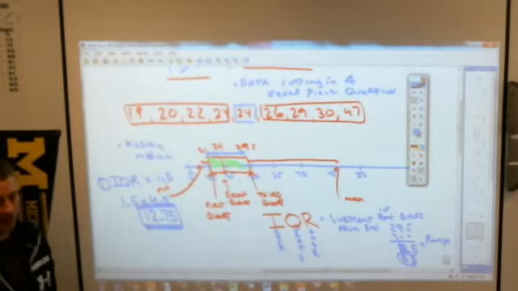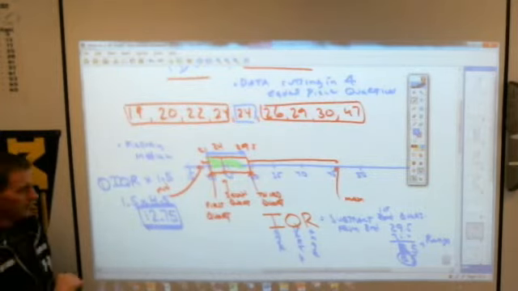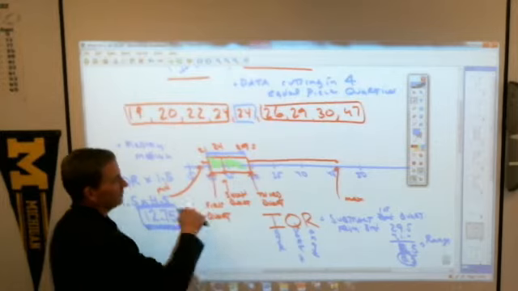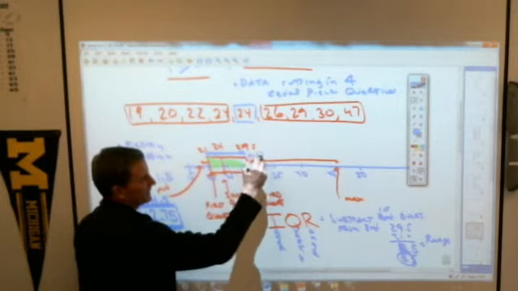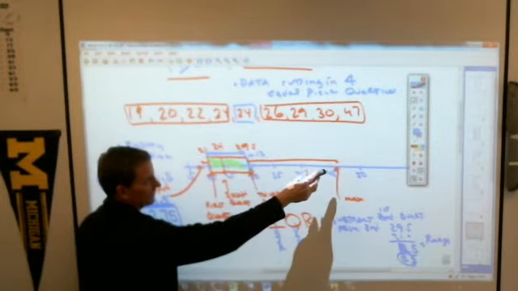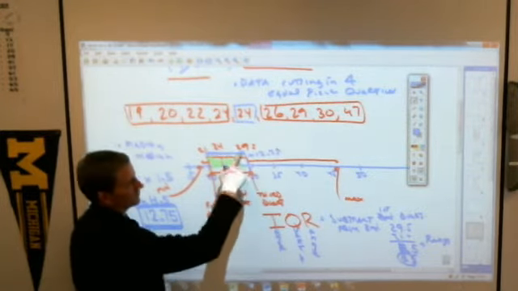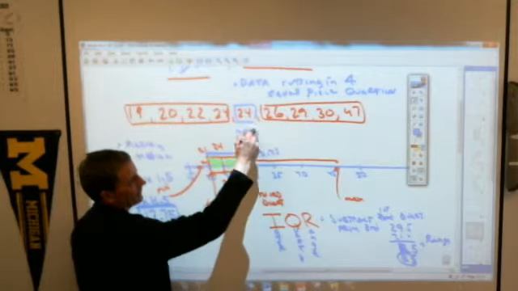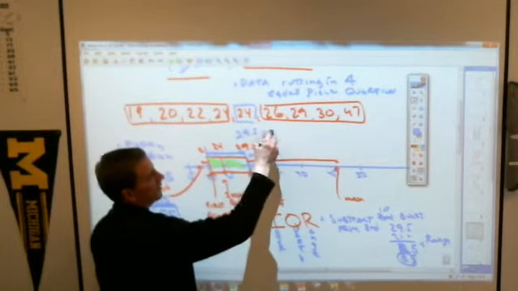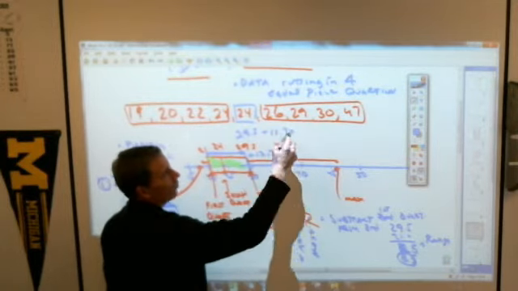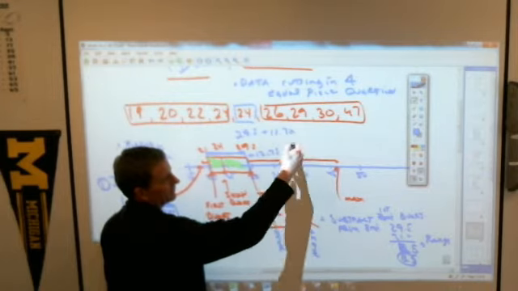Something is considered an outlier if it is this number added to this number here away, more than that, 12.75, which was my 29.5. I'm allowed to go 12.75 more than that to still be on my graph.